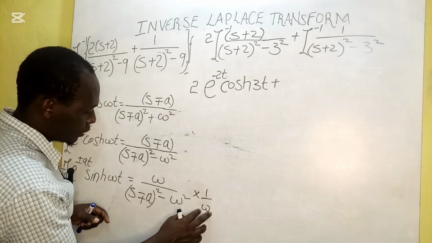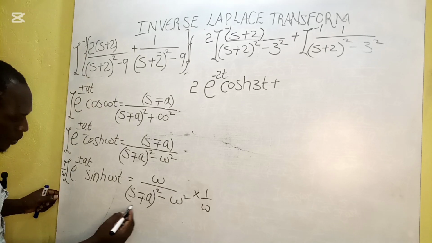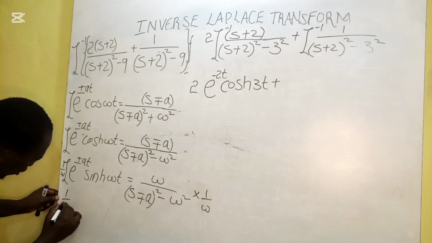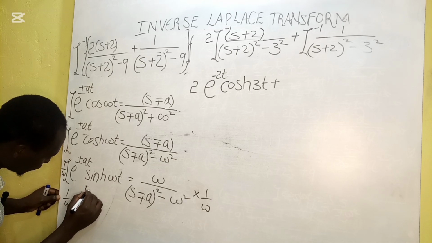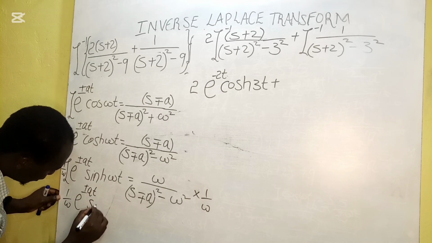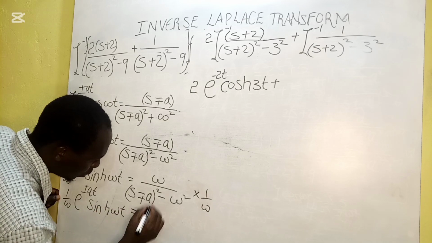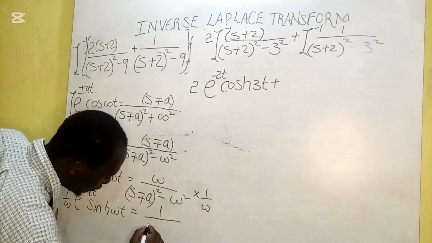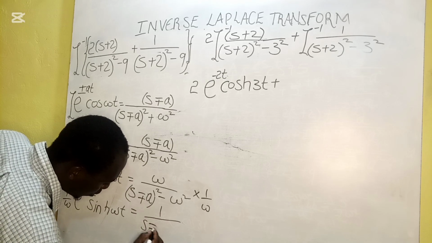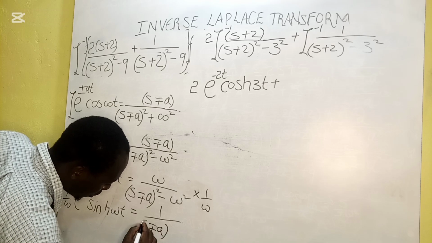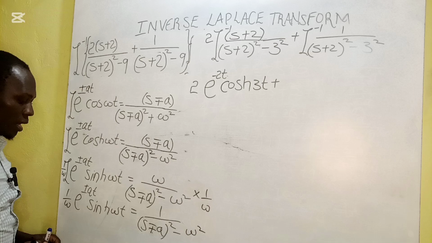And when we multiply this function by its reciprocal, it is going to cancel out. And now we can come and have 1 all over our angle, exponential positive or negative at sine hyperbolic our angle t is going to be equal to 1 all over s positive or negative of a, everything squared, we come and subtract from our angle.